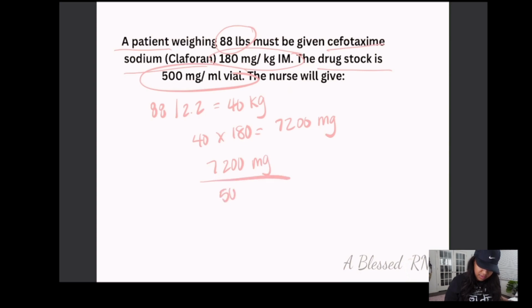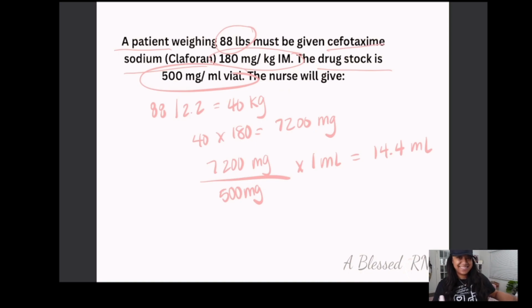We have this many in a 1 milliliter vial. So let us put it in our handy dandy calculator, and you're going to get 14.4 milliliters. Now I guess they're going to have to give that in a big old muscle. All right, let's do one more.